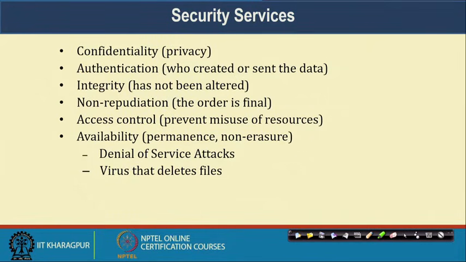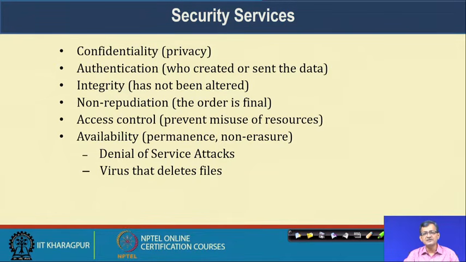Based on this, if we look at the security services, there is confidentiality, a service called privacy; authentication, to find who created or sent the data; integrity, that the message has not been altered; and non-repudiation, that the order is final. This is a typical thing.